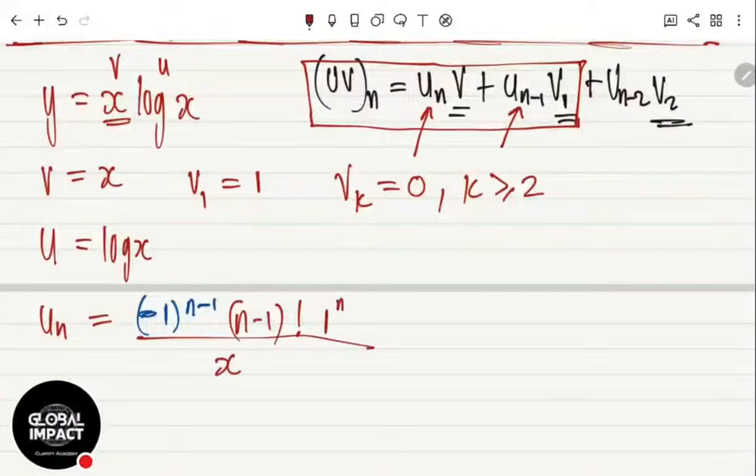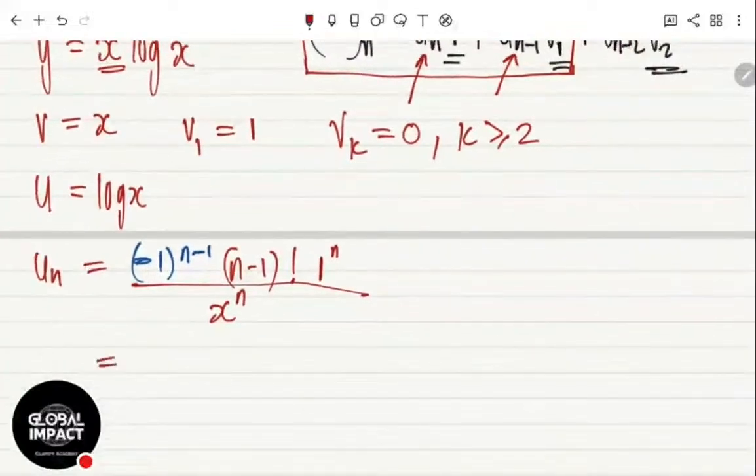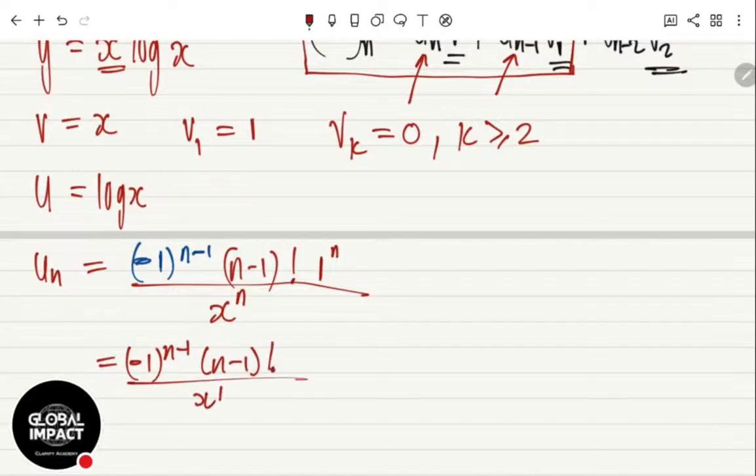It is all divided by whatever is inside the log, raised to the power of n. So this becomes negative 1 to the n minus 1 times n minus 1 factorial all over x to the n.